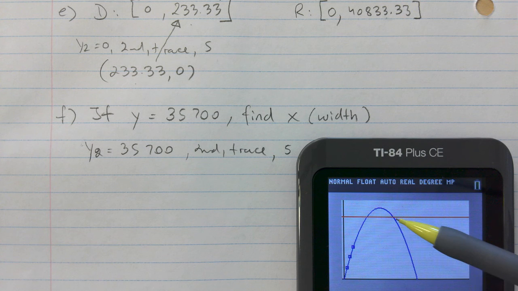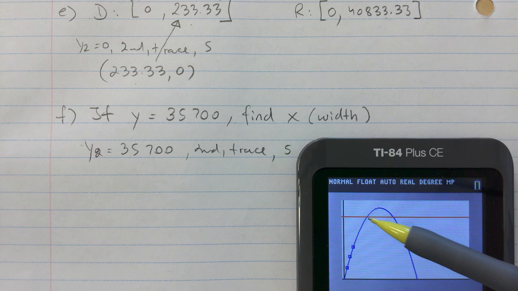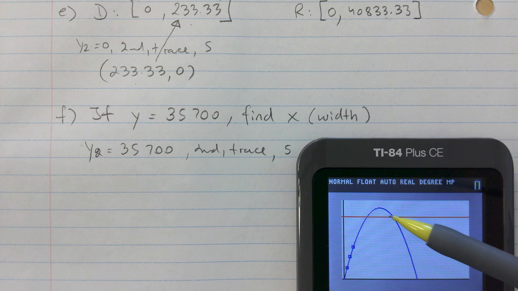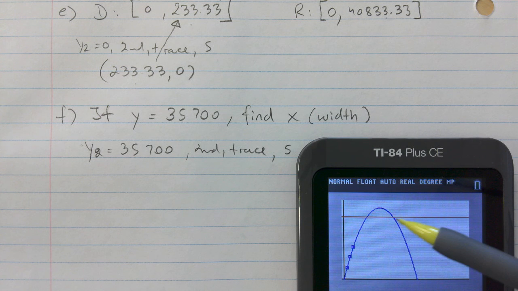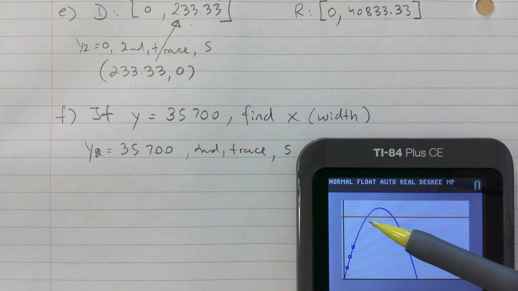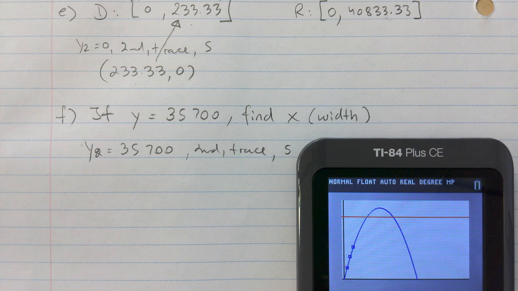Well, in the first instance, your length will be shorter than the width, right? And then here, your width will be shorter than your length, but both dimensions result in the same area. It's kind of like the price per ticket and the tickets sold. If you increase one, the other one will drop and vice versa. So we're going to find both of these points.